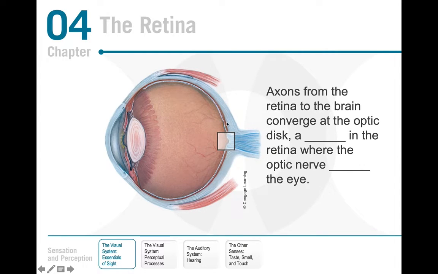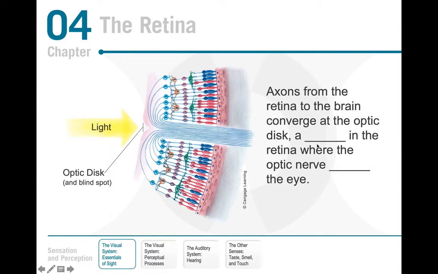And at some point it needs to exit the eyeball. And this is the junction where the axons, which are the parts of the retina that send information to your brain, exit your eyeball. And we're going to zoom in on that section over there. There you go. Hopefully that made things a little clearer.